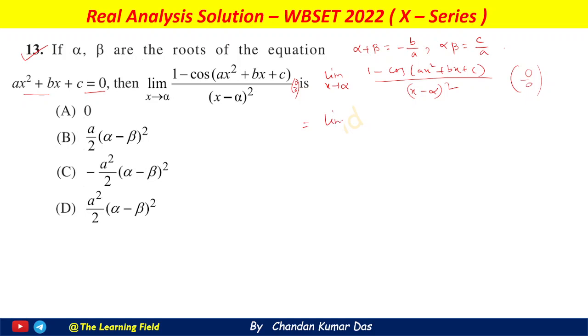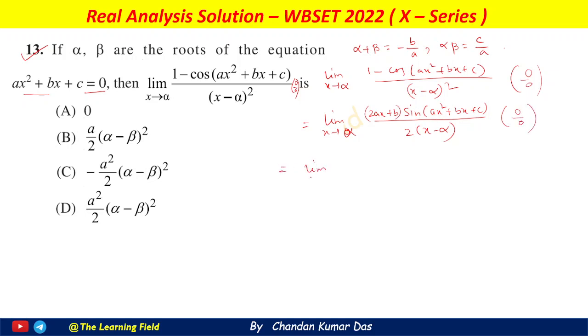So x tending to alpha, this is the value: sine of (ax square plus bx plus c), and the differentiation of this term is 2ax plus b, by 2 into (x minus alpha). If we put in the value, then this is also the 0 by 0 form. Then again we apply L'Hospital rule.